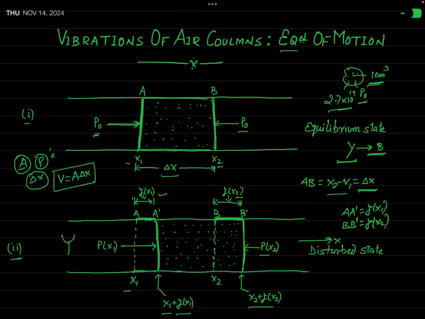You can see on the plane A I have shown that this pressure is P of x1, and when the gas was not disturbed, the pressure was P naught. So this P of x1 will be what? When you subtract the decrease in pressure delta P from the initial value of pressure P naught, you will get P of x1.